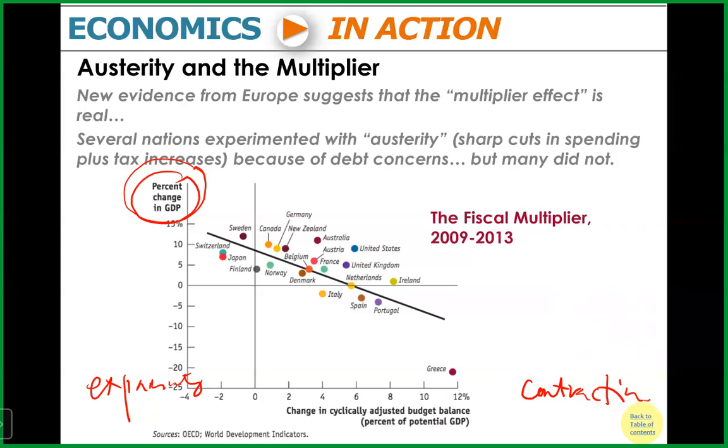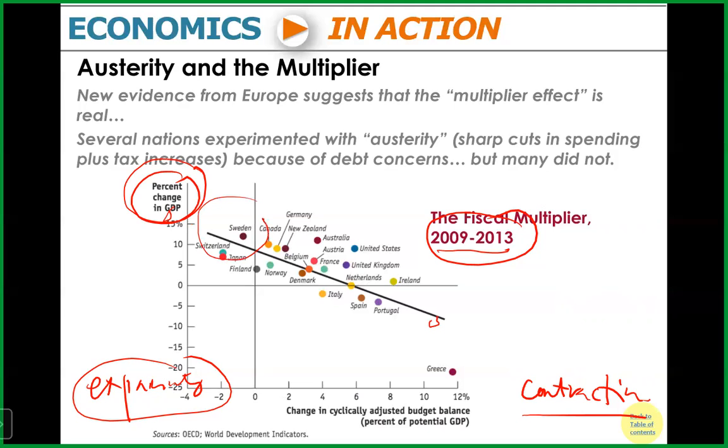Is a contractionary or an expansionary fiscal policy better for you during this time period? Do you want the economy to grow, or do you want the economy to shrink? Grow. And in order to be in this region, do you need expansionary or contractionary fiscal policy?